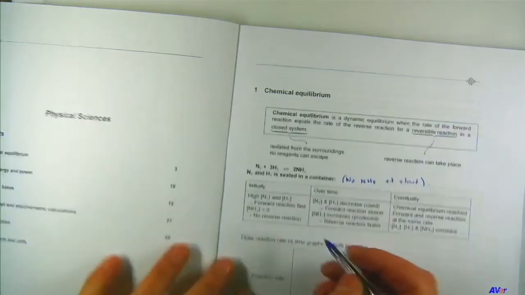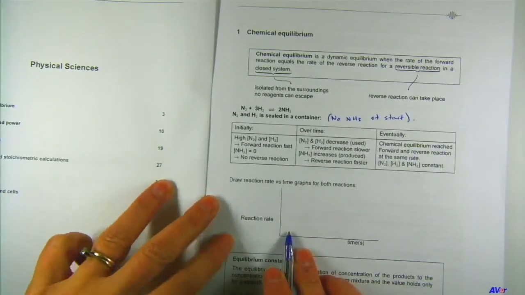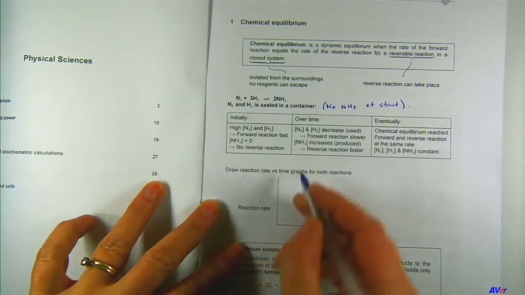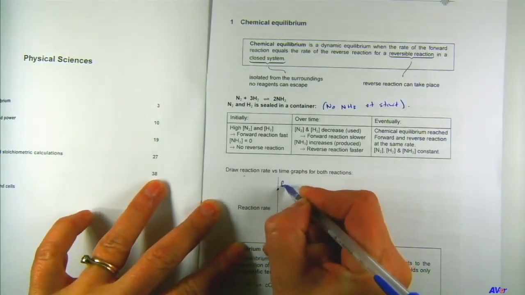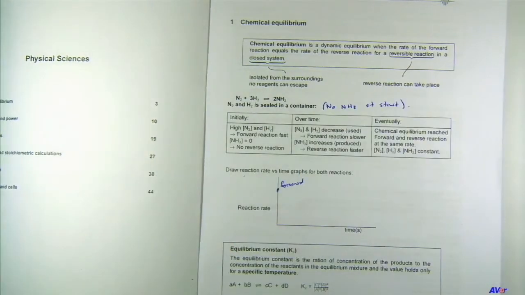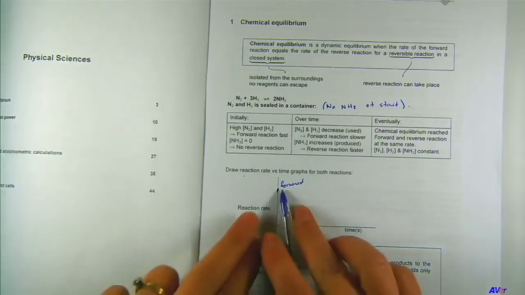So what's going to happen? Now, you have to draw your own graph there. If I look at the rate of the reaction against time, the forward reaction will have a big rate. It will be happening fast because it's got things to react with. You've got a big concentration of your reactants.